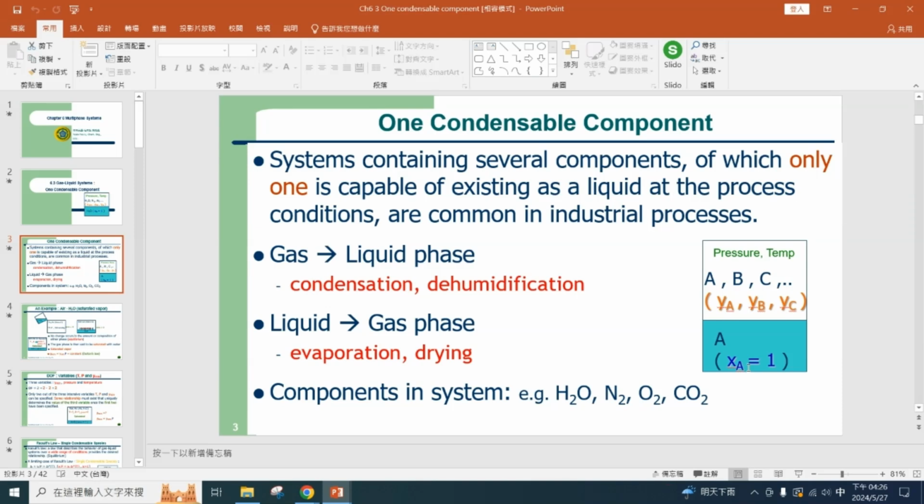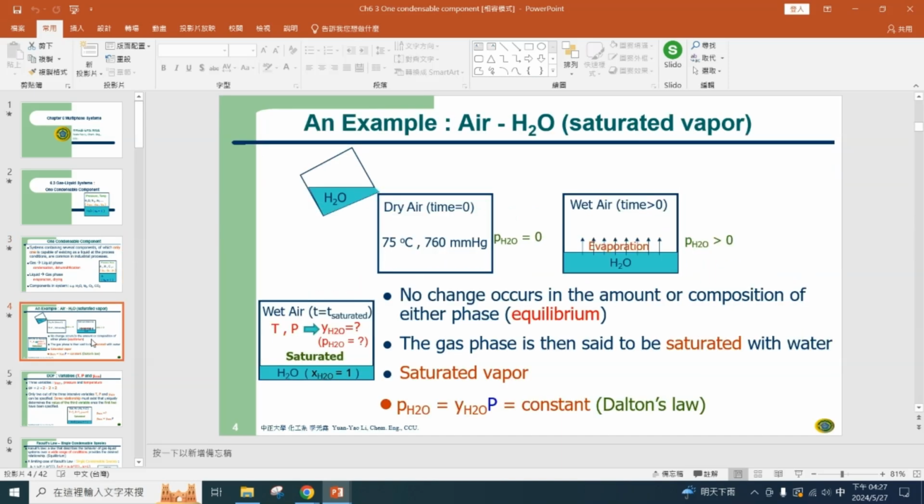For example, if we have two condensable components like water and alcohol, ethanol, that is not the case in section 6.3. That will be the case we are going to talk about in section 6.4, the next topic. Of course, we always start from the very simple case first, and move to the complicated cases later. So today we start with this easy case first.